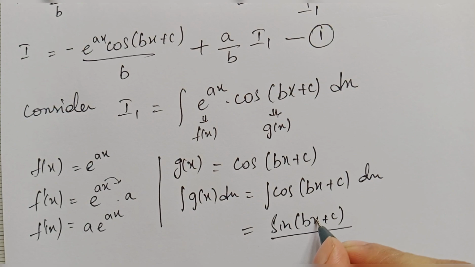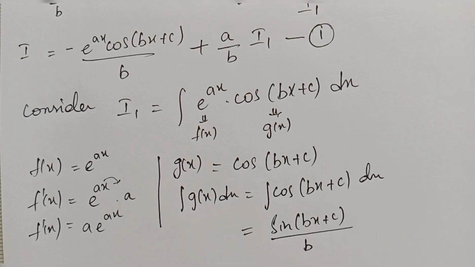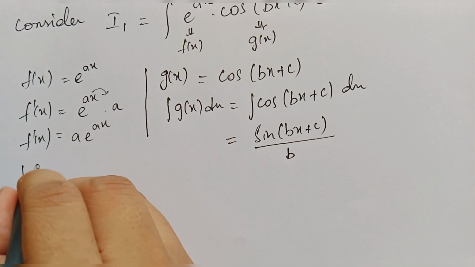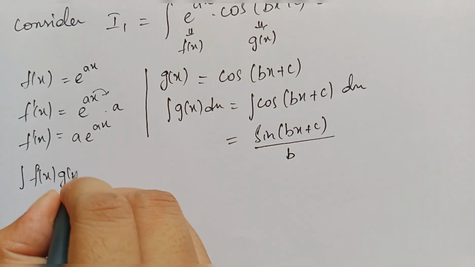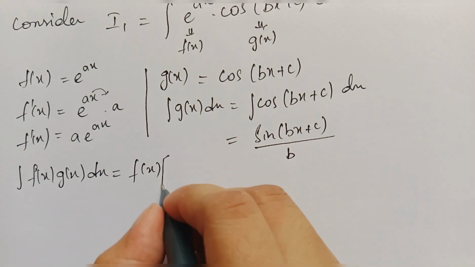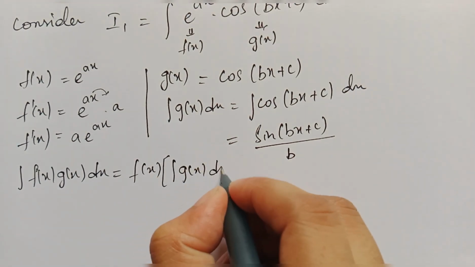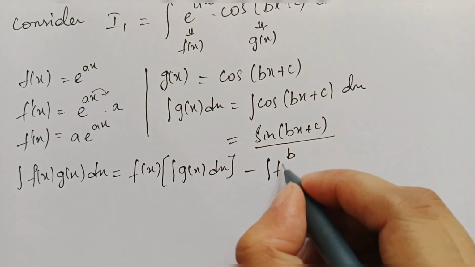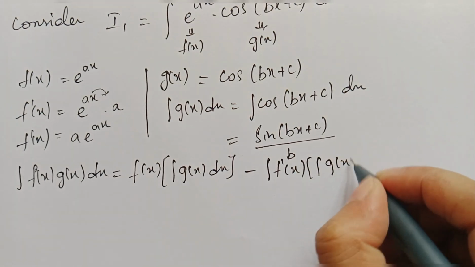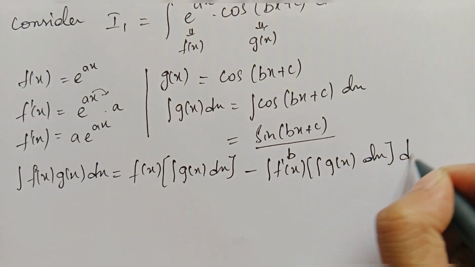The derivative of x will be 1, so we'll be left with b. Now write the formula of by parts: the integral of f(x) g(x) dx is equal to f(x) into the integral of g(x) dx, minus the integral of f'(x) into the integral of g(x) dx, whole dx.